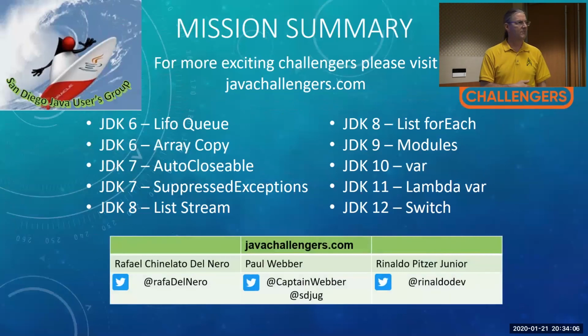Text blocks are coming, they're in preview mode still, I believe. And this is kind of like allowing you to put HTML stuff inside your text blocks, so the formatting stays the same. And triple double quotes. More to come. We actually had somebody talk about that too. It may have been Janine last month.